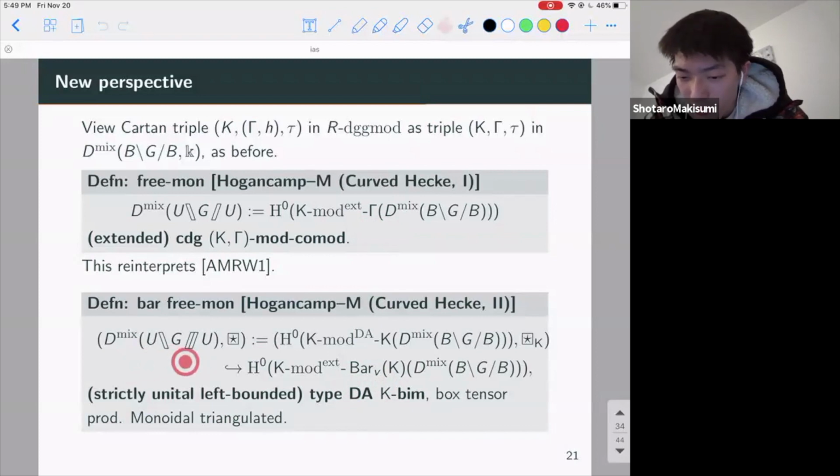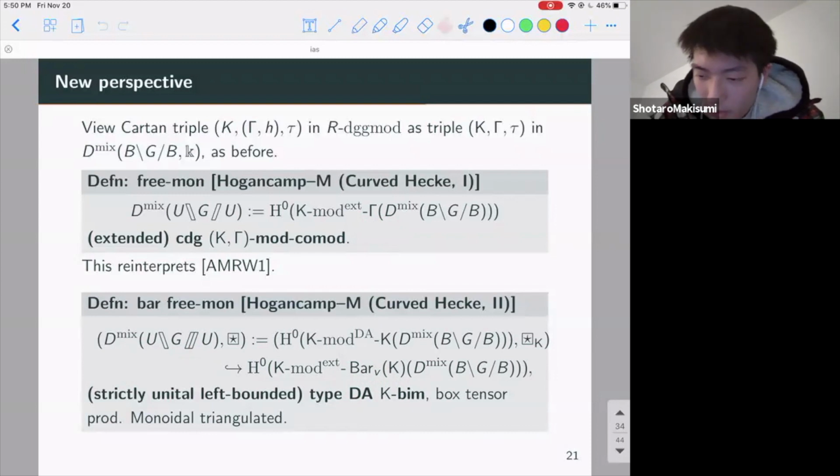We like this, an even fatter one on the right. And these are what people call type DA structures, or type DA A-infinity bimodules over the Koszul complex K. And this is known to be a kind of model of derived bimodules that's smaller than the usual one involving A-infinity products.